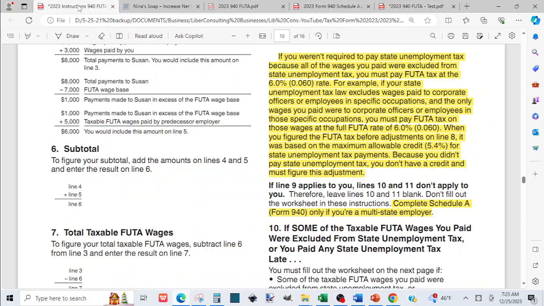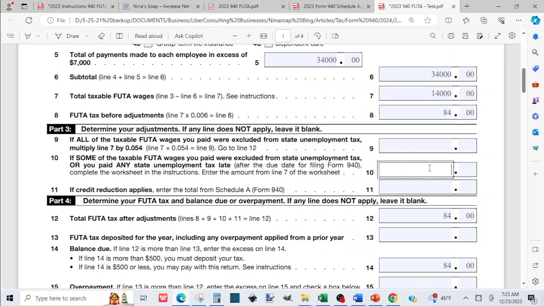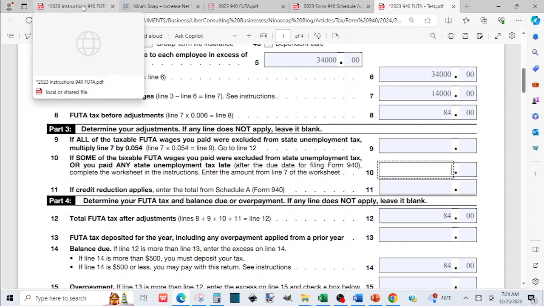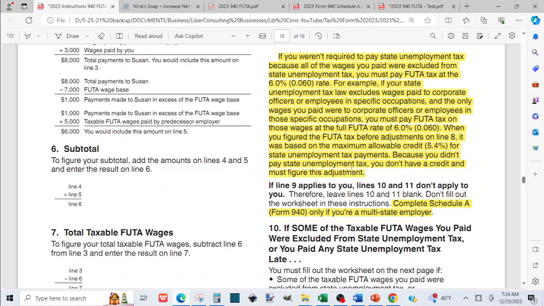They only have those 2 options. They don't have an option where you do the difference between what you paid the state and this amount to add back or anything. But let's continue. The only condition you use line 10 is if some of your FUTA wages you paid were excluded from state unemployment tax, or you paid any state unemployment tax late.